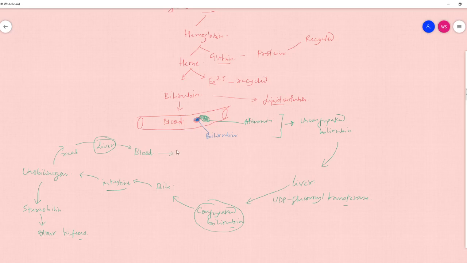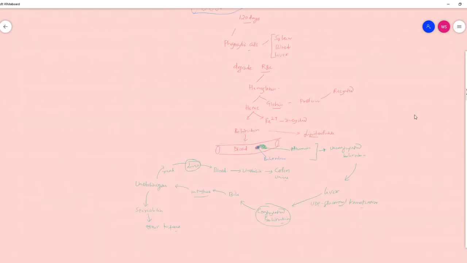In this process it is converted into urobilin, and this urobilin colors urine. So this is the metabolic pathway of bilirubin.